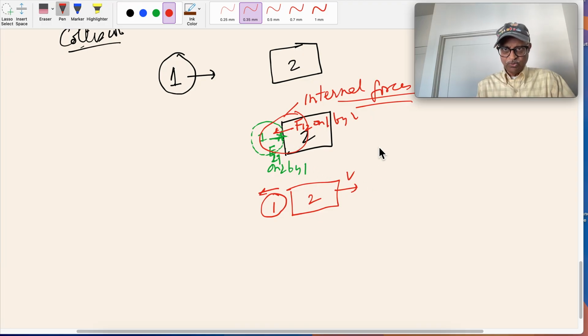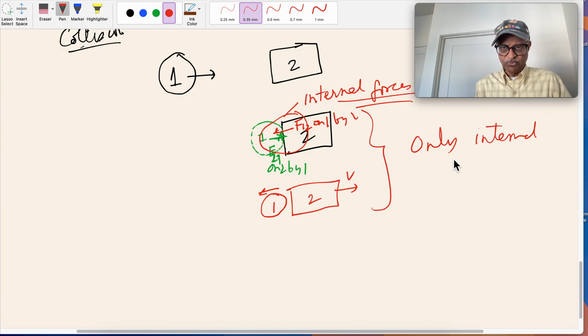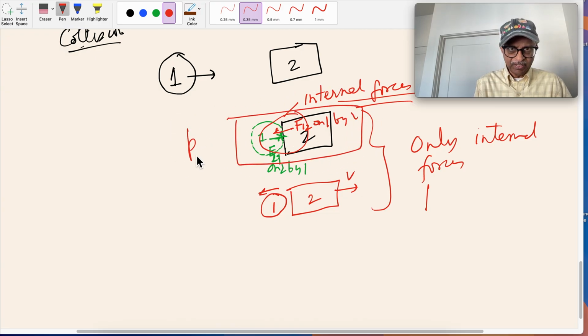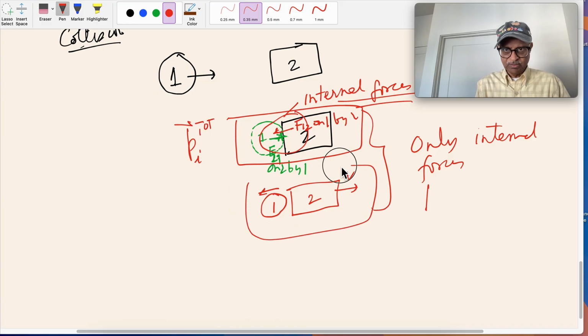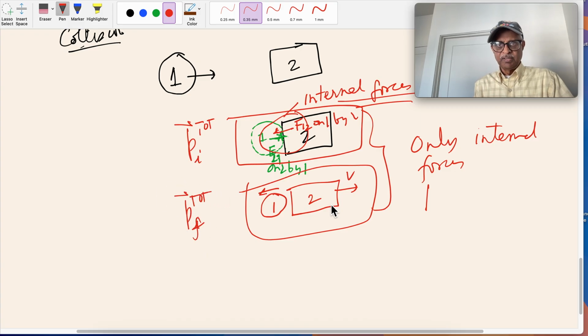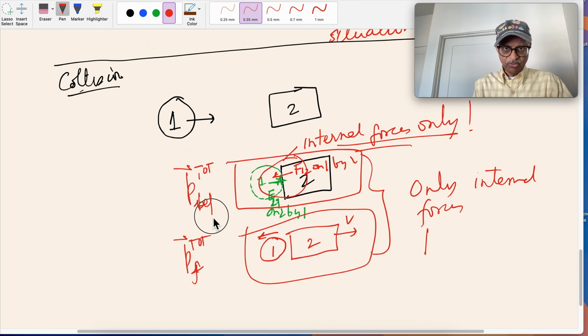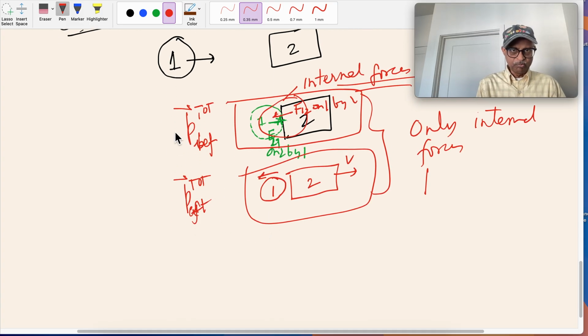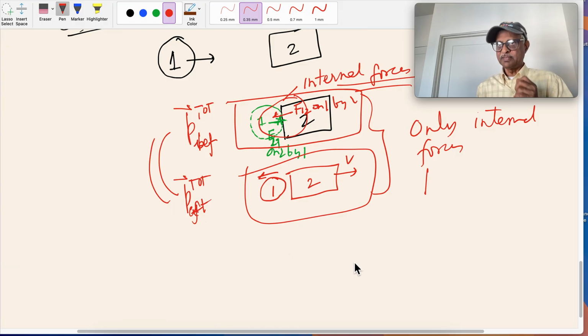Because these are only internal forces, this situation we can call p initial total, and this situation we can call p final total, or sometimes called before and after, whatever suits you. These should be equal, and that is the application of conservation of momentum in a collision problem.